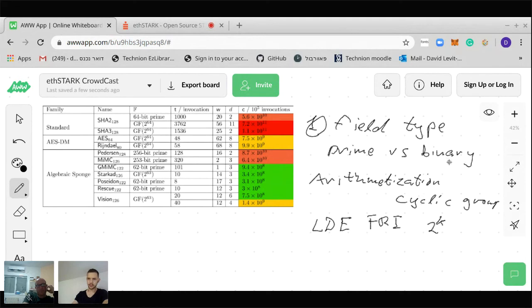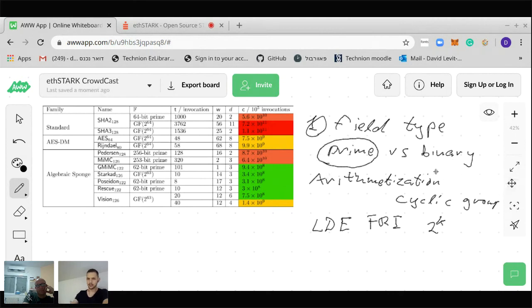But in a binary field, the multiplicative group is always odd. So it adds complications to the Stark protocol, which means that for the sake of Stark friendliness, we will usually prefer a prime field.